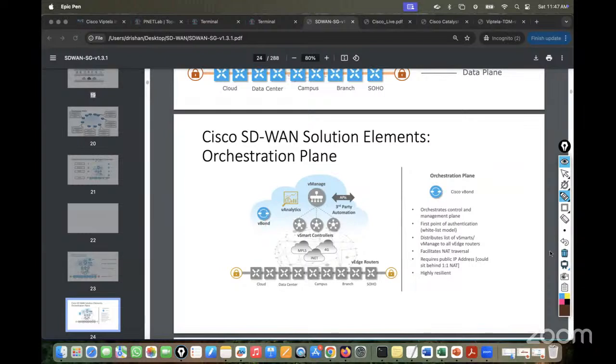Also, very important thing, guys: the vBond is responsible for facilitating NAT traversals. Anyone know what NAT traversal is? I'll discuss a little bit more, but I just want to understand what NAT traversal is. Anyone have heard about it? No? Yeah, Mayur, you want to say something?